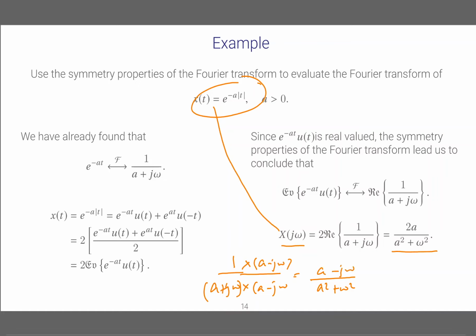If you take the real part of that, it is actually a over a squared plus omega squared. So you have to take twice of that to get this answer.